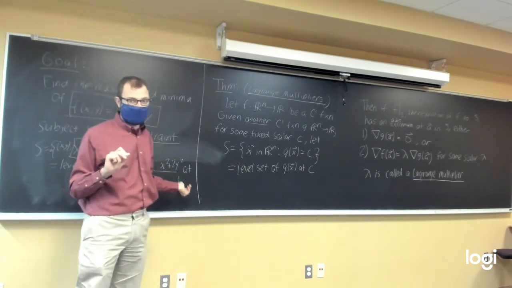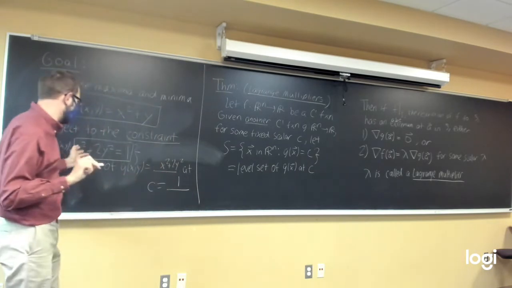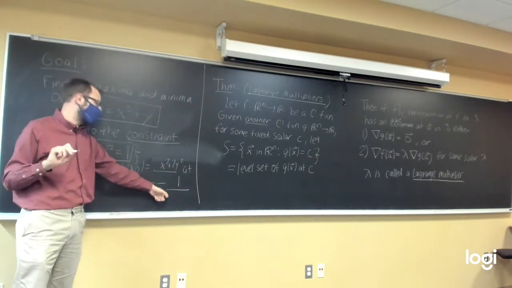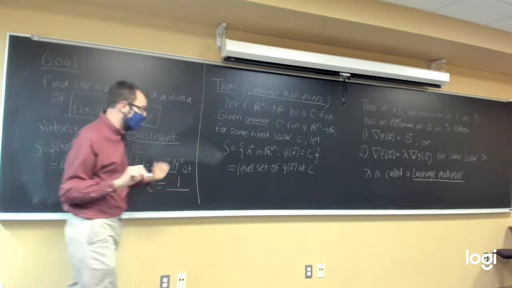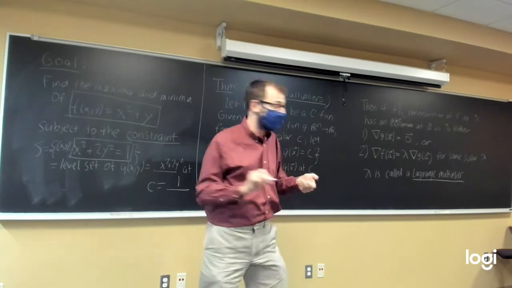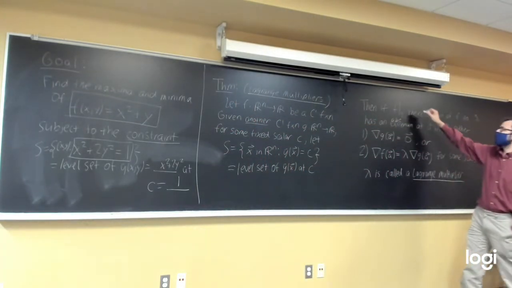Our value of c, making our level set, is 1. So the constraint is just giving us the set of all points that if we plugged into g of xy, we get 1 as an output. And what the Lagrange multipliers theorem is going to tell us is that if we look at f restricted to S.